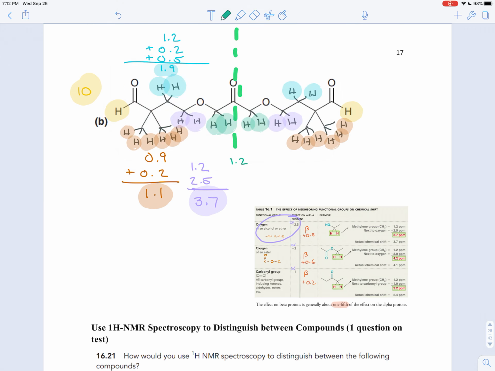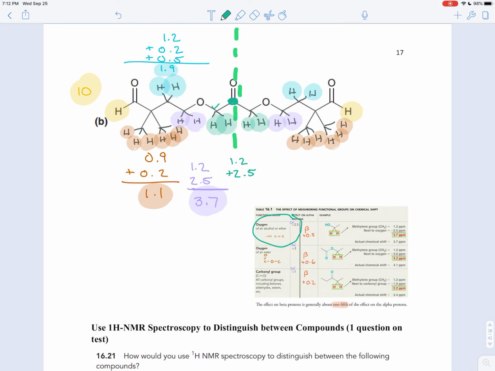Now for the green. The green hydrogens, on one side, they're alpha to the ether. So there's the ether oxygen, right next door, the alpha position, that's where you have these green hydrogens. If you're alpha to an ether, as we just saw, you add 2.5. So that's because of the effect of the ether oxygen. Notice, though, that these hydrogens are also alpha to a carbonyl on the other side.